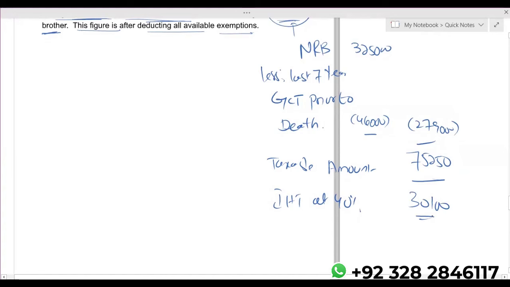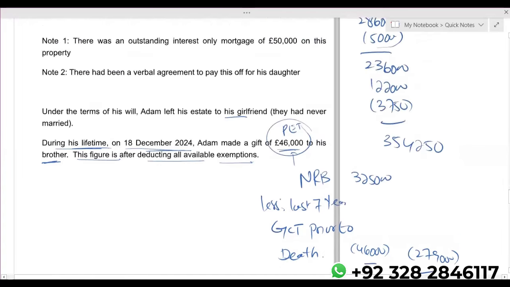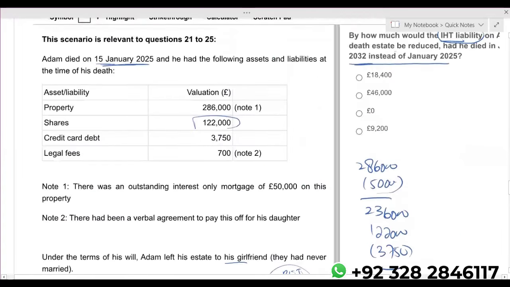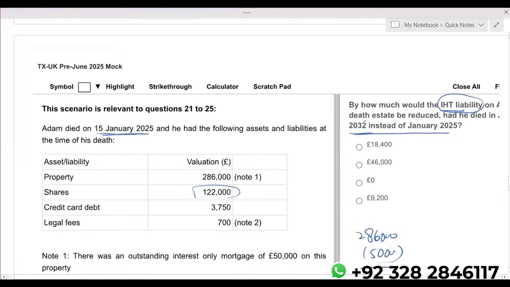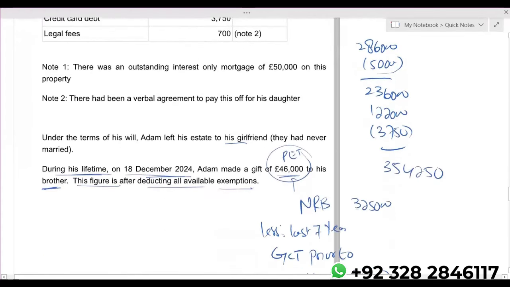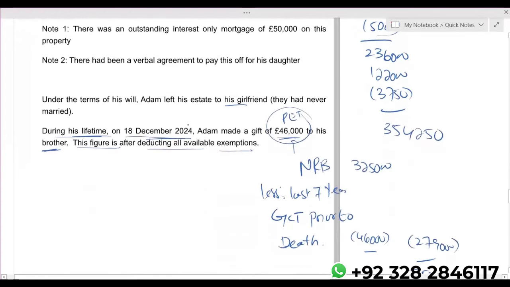instead of Adam dying on January 25, the examiner says if he died in 2032, then what happens? How much will the IHT liability on death estate reduce if he died in 2032? Now try to understand. The PET was made 18 December 2024.